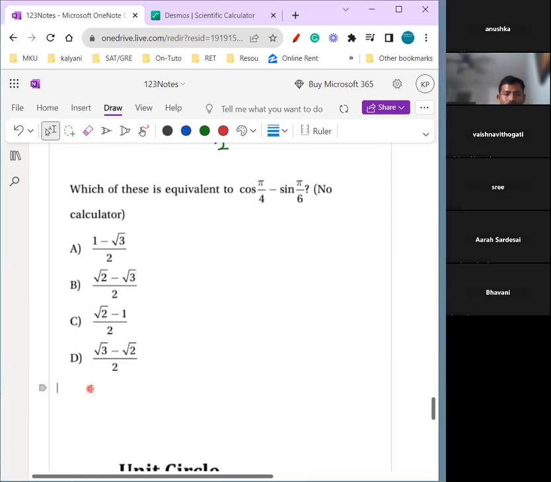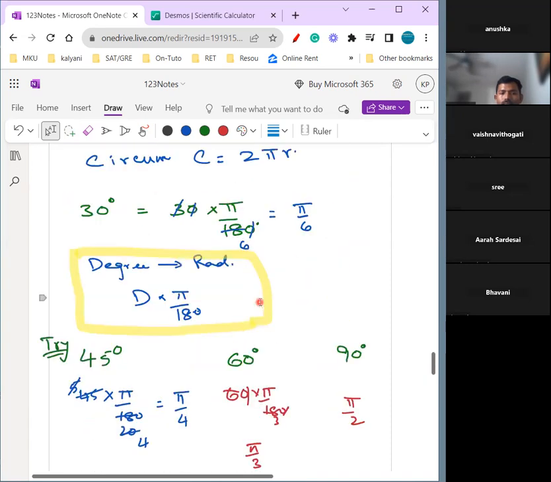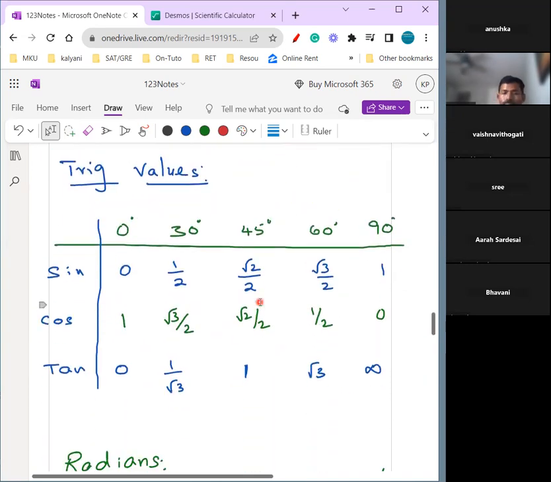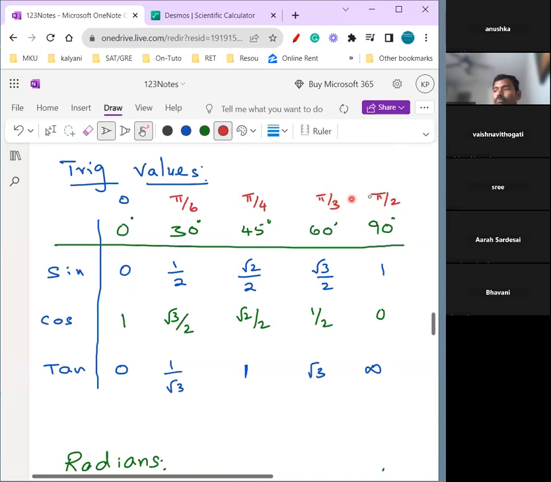Before this one, did you guys take the notes on this? Did you copy this? If not, I want you to write it down. 0 means 0. 30 degrees means pi over 6, 45 degrees is pi over 4, this is pi over 3, and then pi over 2. These are the radian measures.